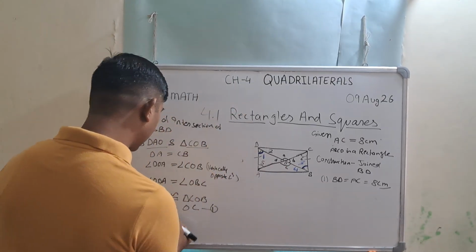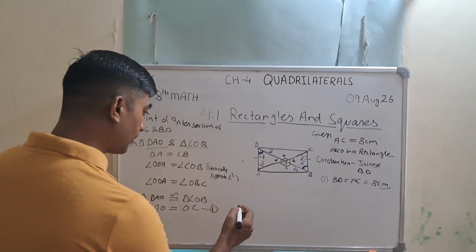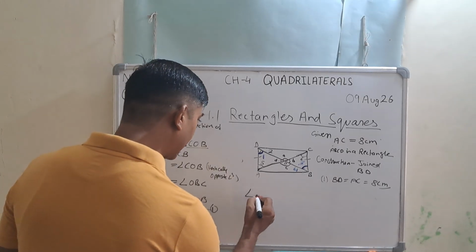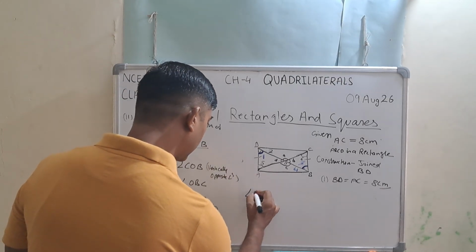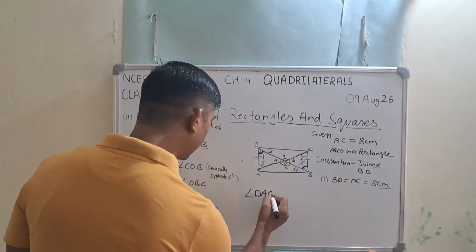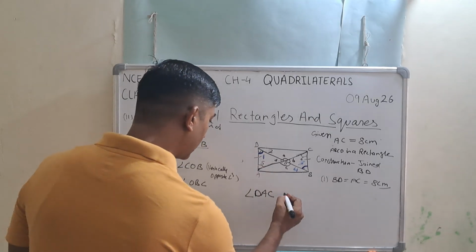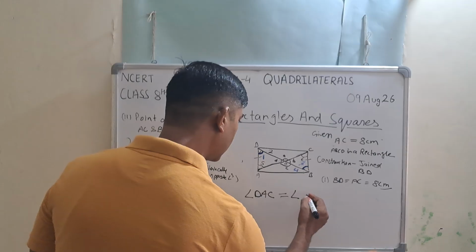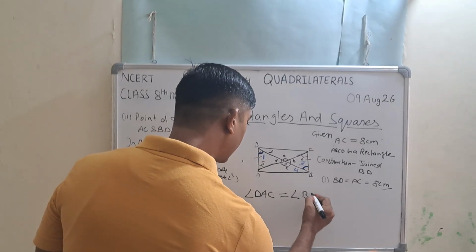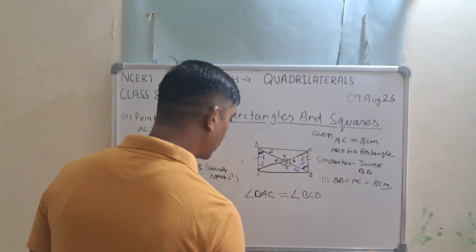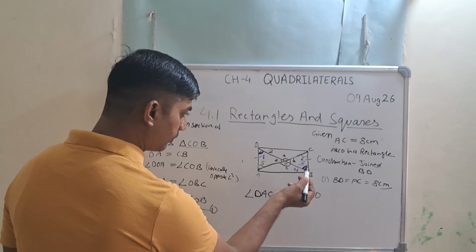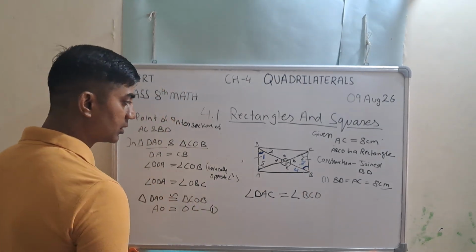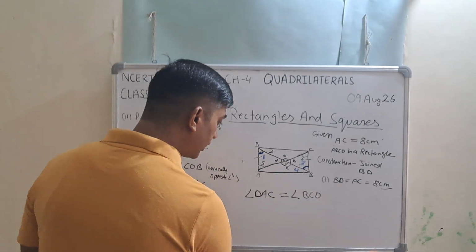Since this is a congruent triangle, we can conclude that angle DAC, which is angle 5, is equal to angle BCO. Understood? BCO, which is angle 6, and these angles are equal.